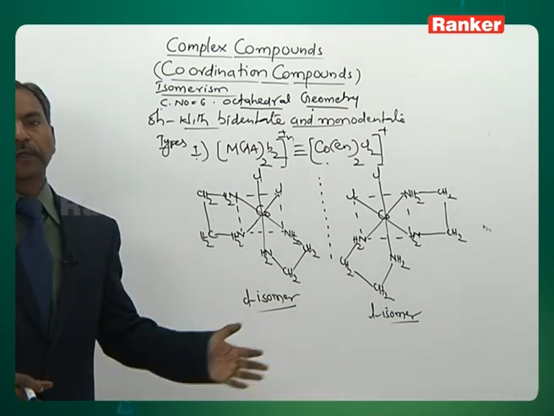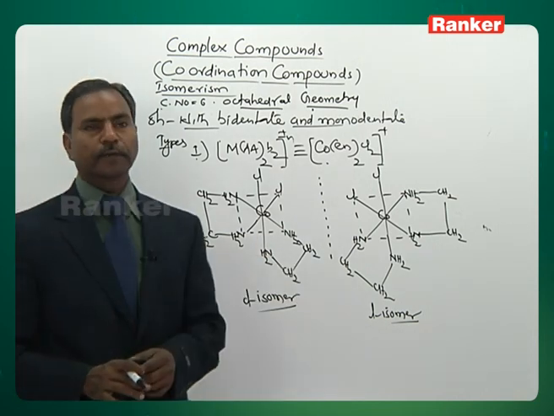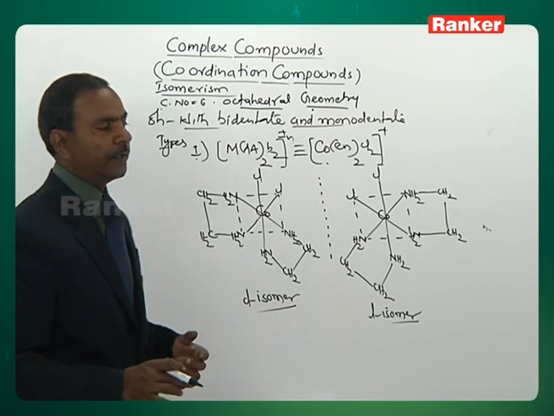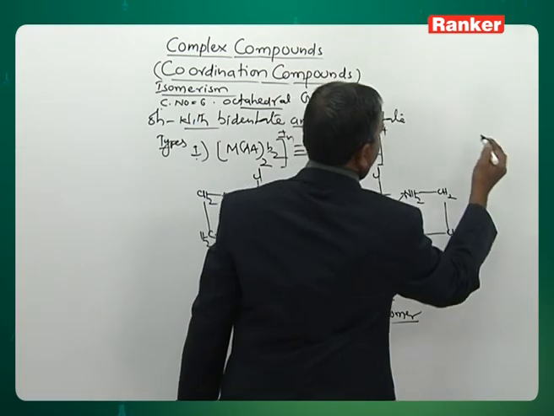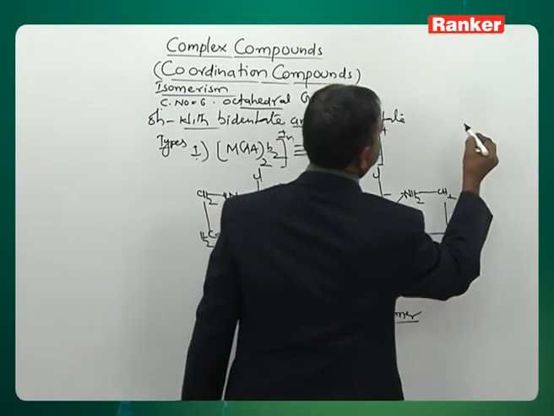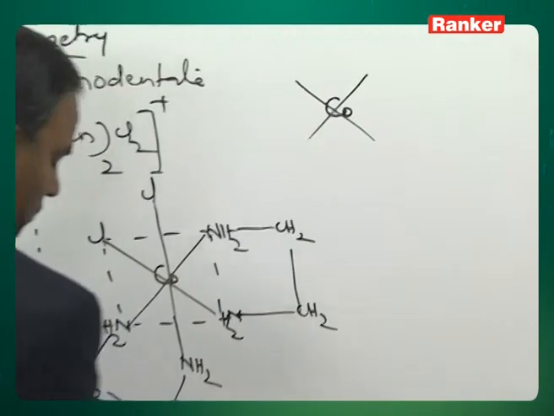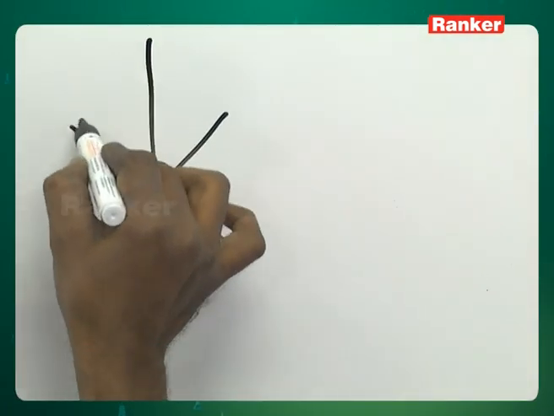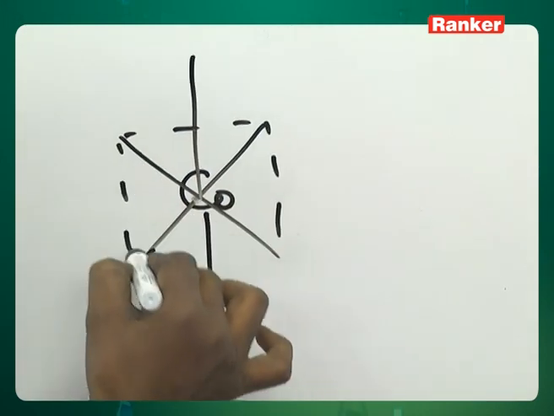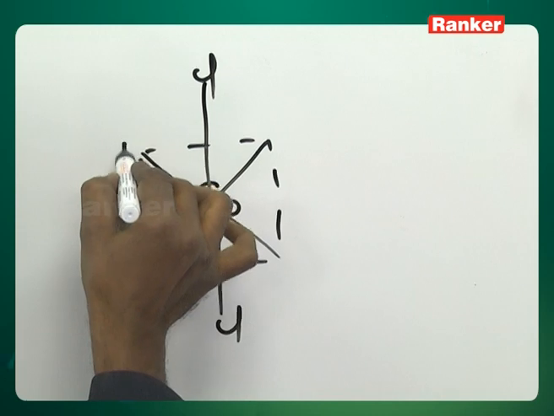I said trans is not optically active. Let us write a trans structure and see how it is optically inactive. See, I am writing a trans for this, with Cl here in a trans position.